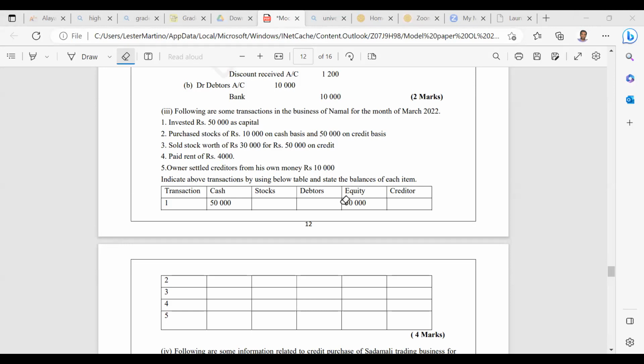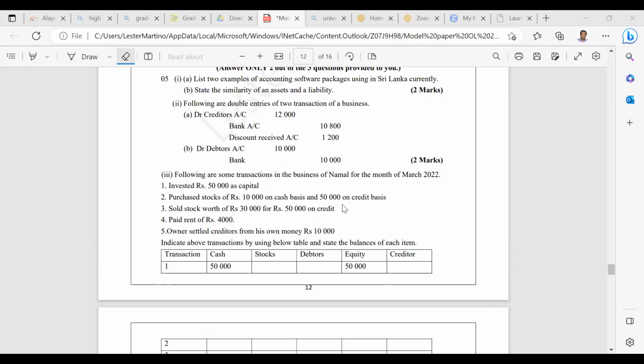Stocks plus 60,000 rupees, and creditors plus 50,000 rupees. So cash minus 10, creditors plus 50, stocks plus 60.